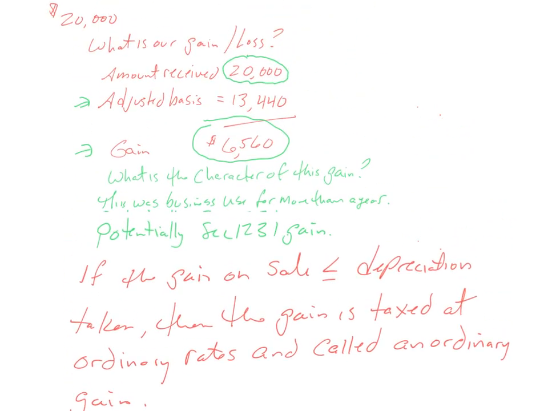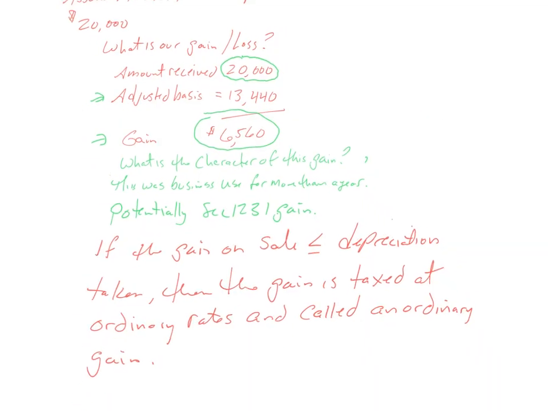So that's exactly our situation here. This $6,560 gain would be taxed at ordinary rates. It would not be considered Section 1231 gain. It would not be given long-term capital treatment. It would be taxed at ordinary rates. Okay? Now, let's look at a different scenario.